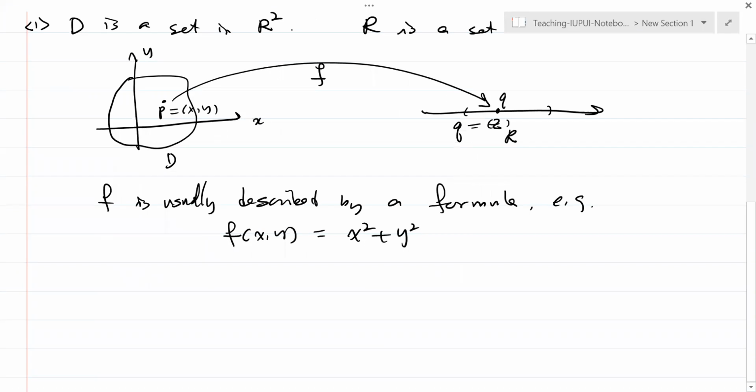Once you give me the coordinates of a point in the domain, I can calculate the value by using this expression, x squared plus y squared. So it assigns to each point in the domain a unique number.